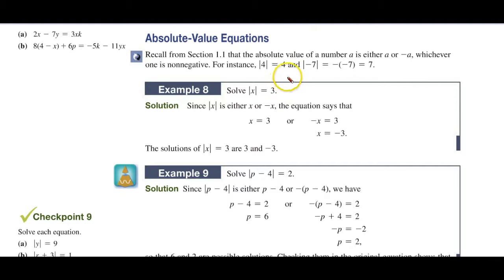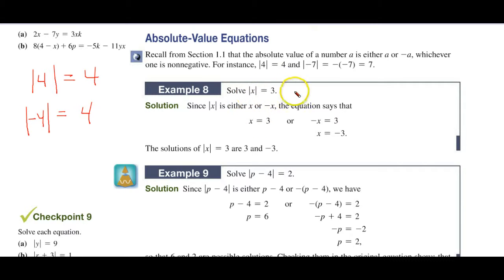The thing we have to keep in mind is that if we have the absolute value of 4 that we say is 4, or the absolute value of negative 4 that we say is 4, there could have been a positive value there, or there could have been a negative value there. And that's basically what we do here.